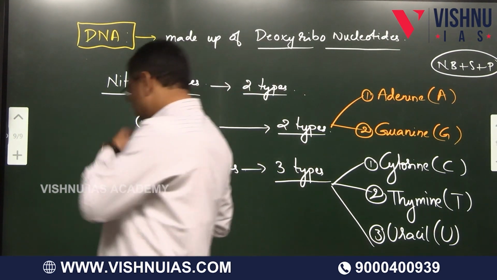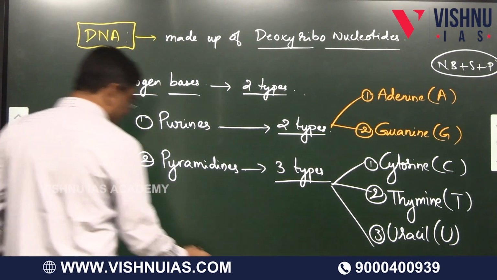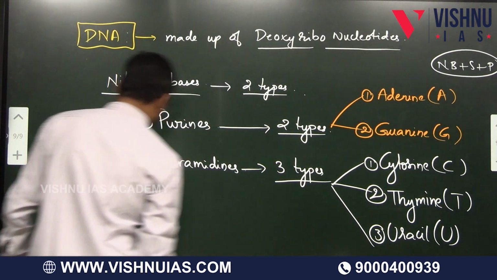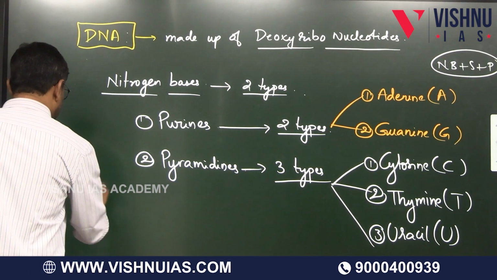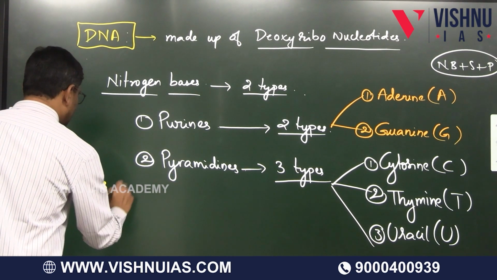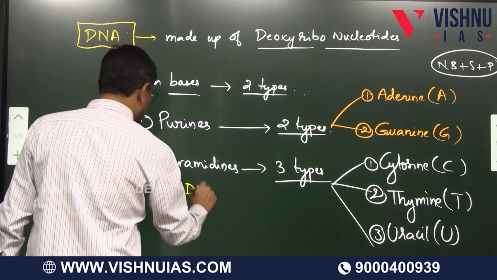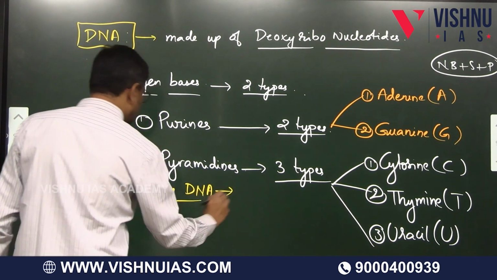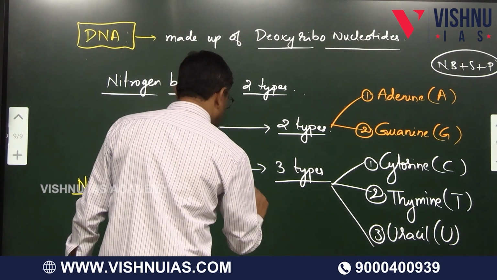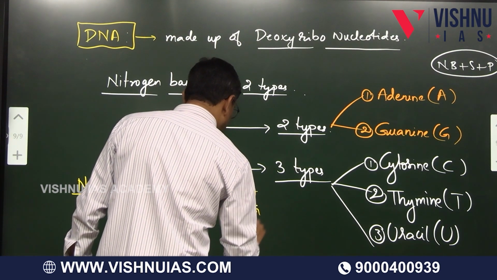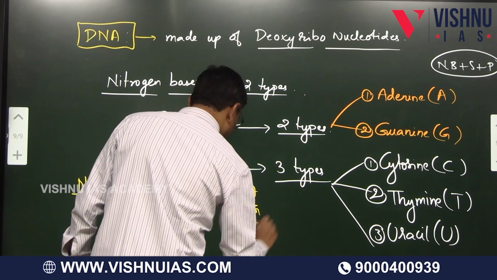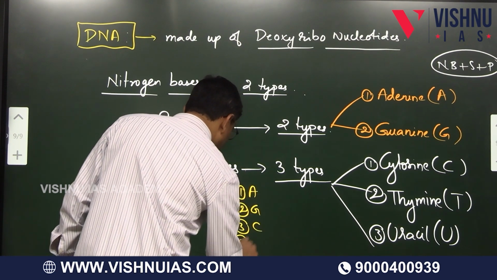The nitrogen bases present in DNA are adenine, guanine, cytosine and thymine.